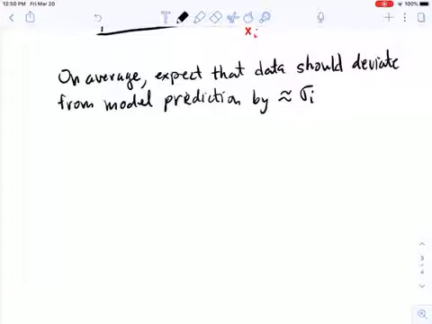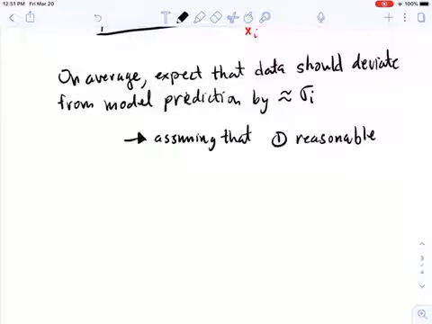So if this assumption is correct, we're really assuming two things. One is that we've made reasonable estimates of the sigma i values.